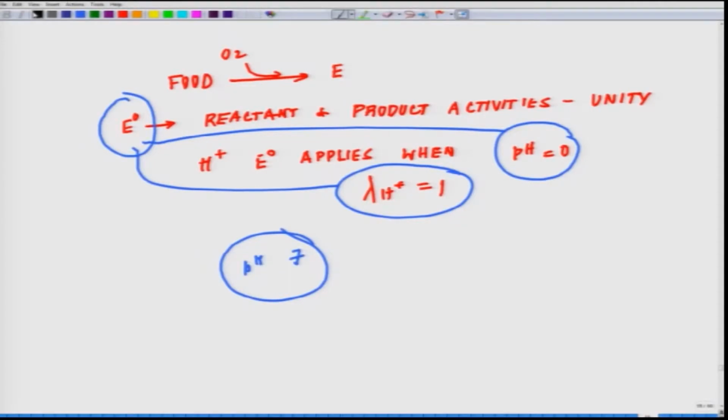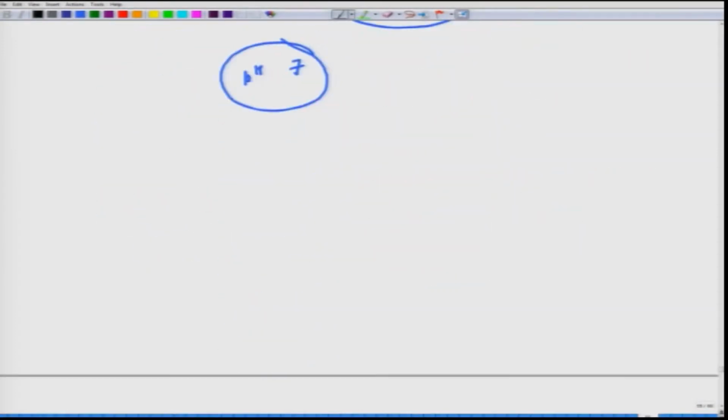Because the pH inside a plant or animal cell is 7, the reduction potentials that apply at pH 0 are not appropriate.